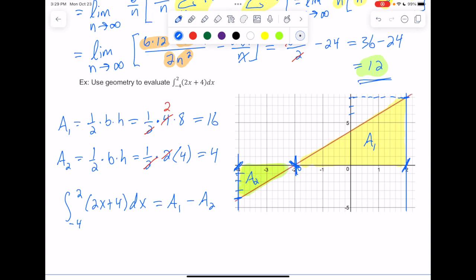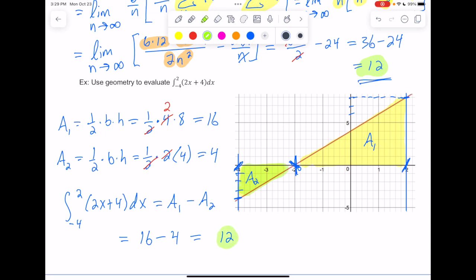And we do that because they would come out negative if we did them with a Riemann sum. So the area of the top one, 16, minus the area of the bottom one using geometry. And in geometry, you always get a positive area, so 4. And then we subtract those, and we get 12. So the geometry method matches up with the limit method.